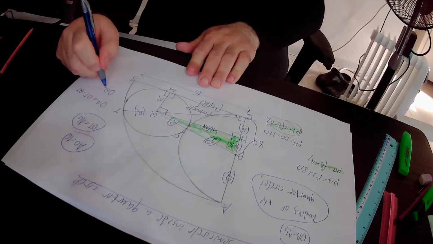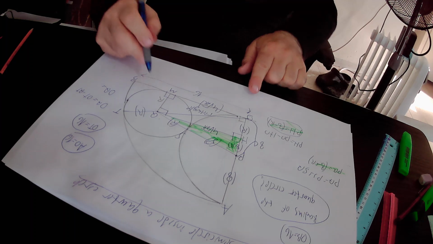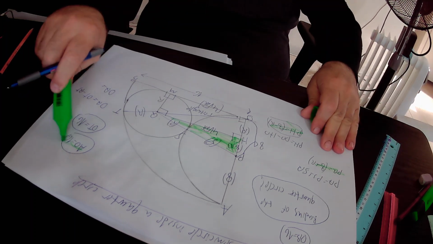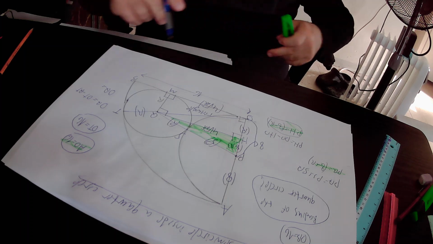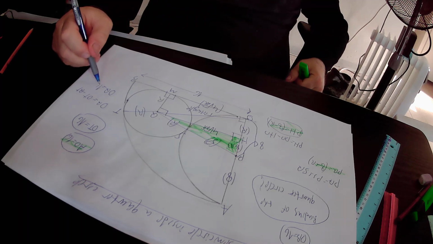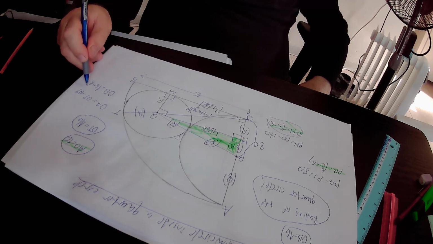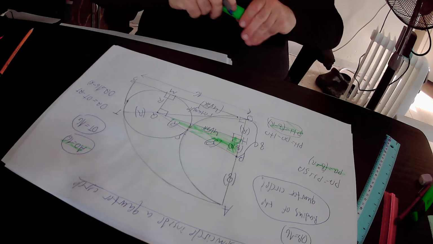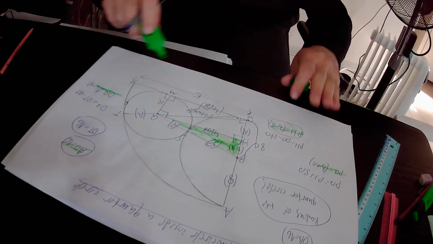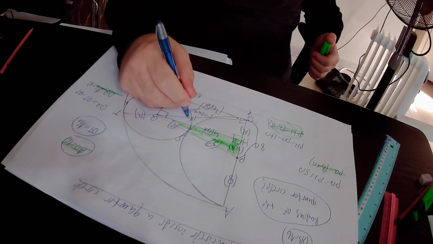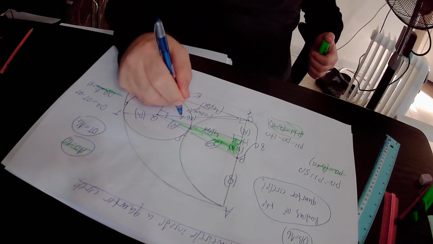OT is 16, minus QT, QT is R. So in total, OQ equals 16 minus R. So I write it down: OQ equals 16 minus R units in its length.